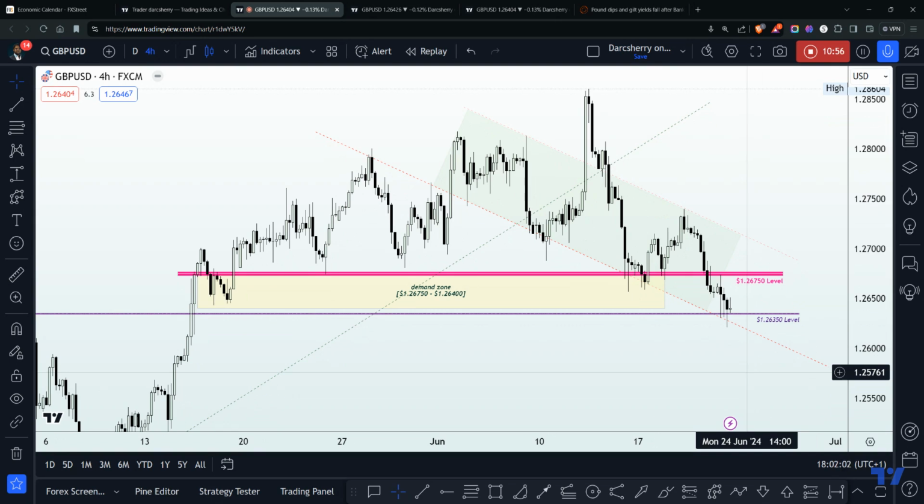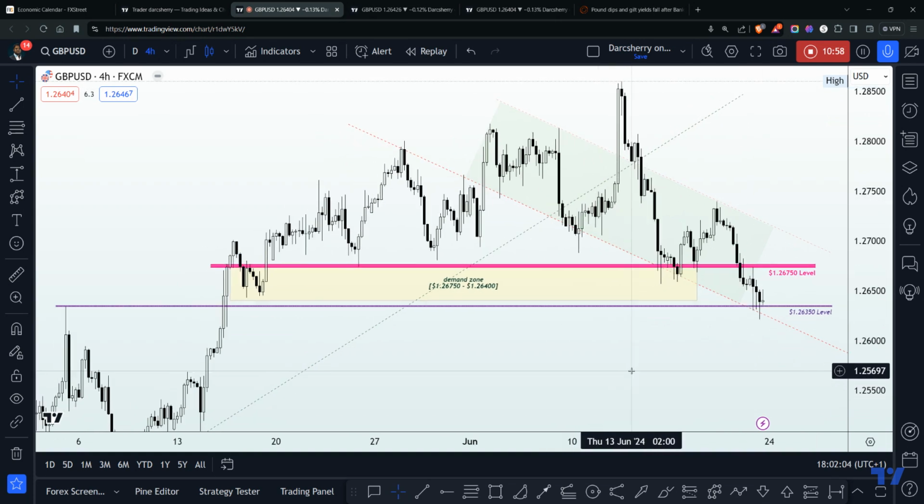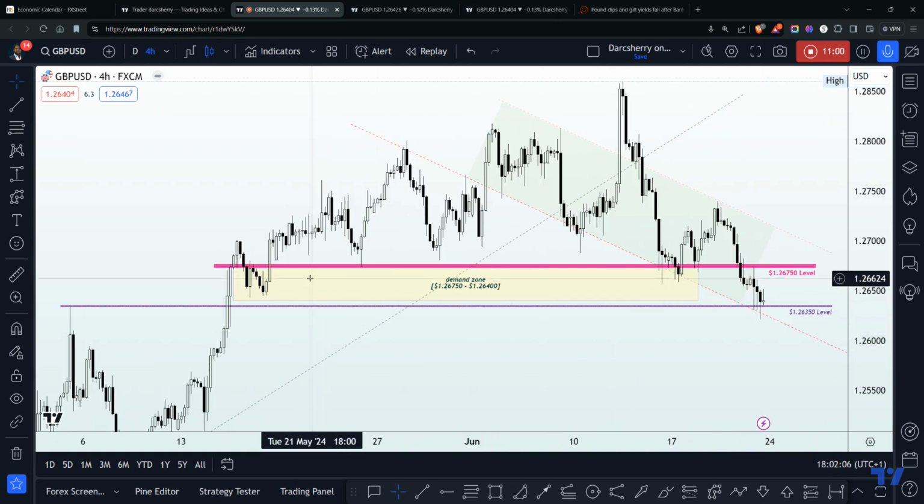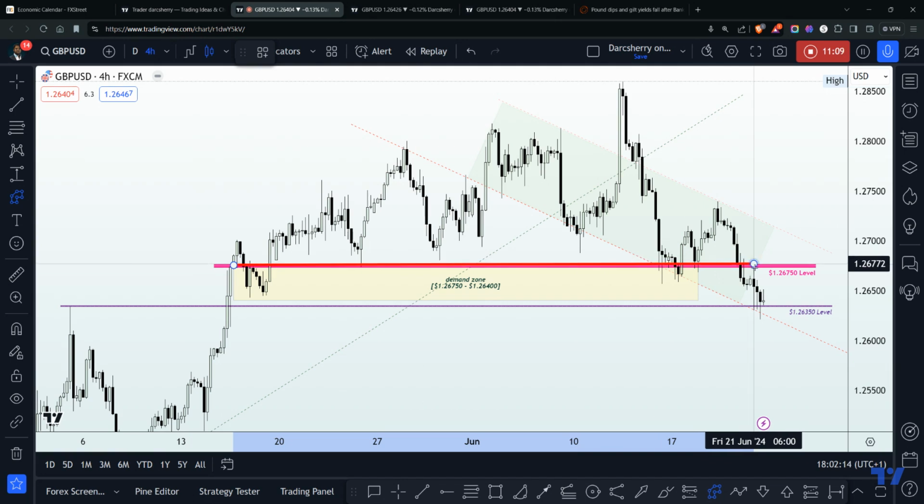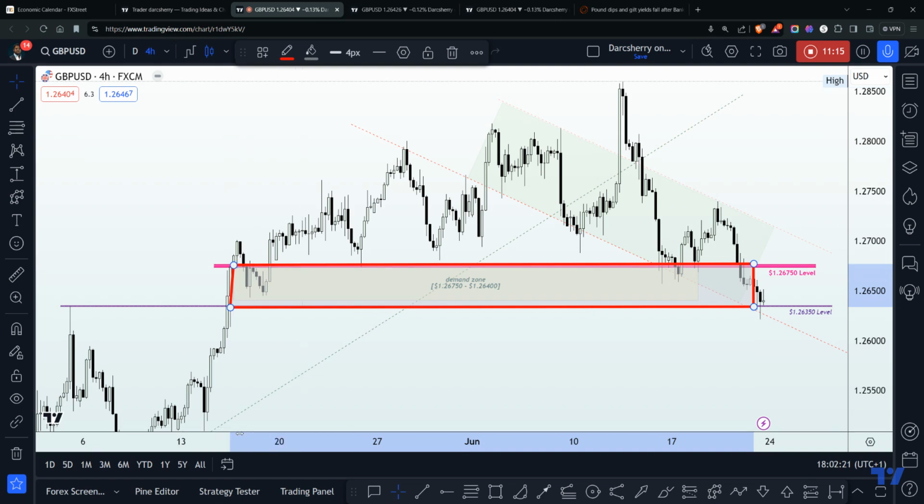Now, the first thing you would observe is this our key level, which I identified on the daily time frame at the 1.2675. Then one other thing you will notice is how this area between the 1.265 and let me say the 1.26350 had played a significant role in negating the attempts of sellers to push price to the downside.